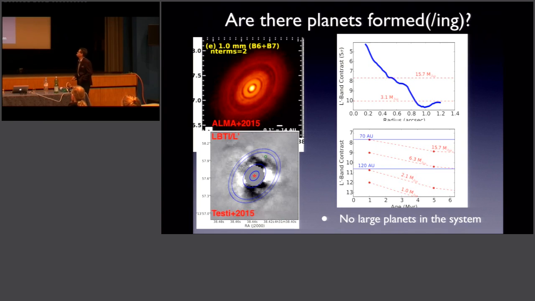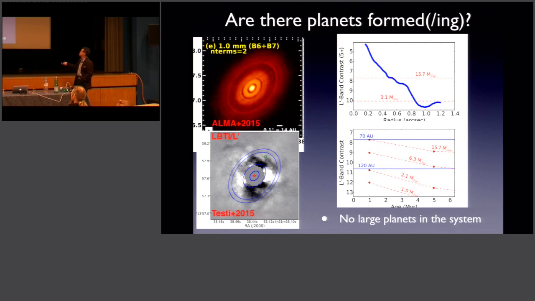So what one can try to do is go to similar angular resolution, not as good, I stress, but similar, in the infrared, where the planets, as we heard yesterday, I believe, are warm and emit radiation. And the contrast with the star is not as large as in the optical, and also you beat the extinction a bit. So that's what we tried to do with adaptive optics in the L-band.